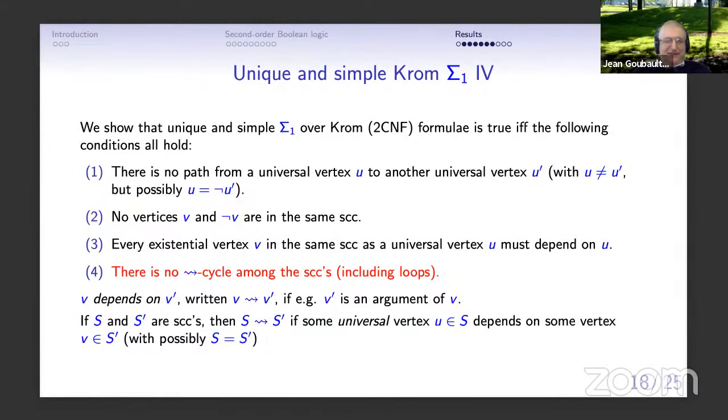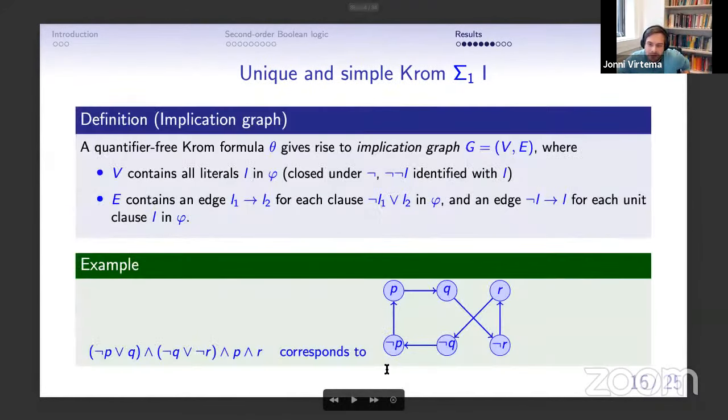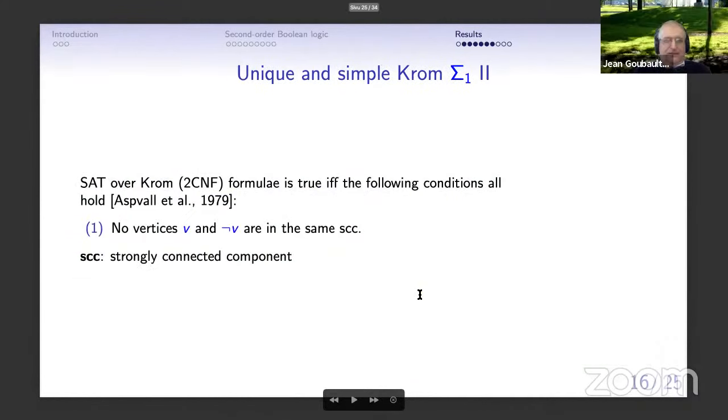So here on this slide, I understand that you have a few more conditions to check, including the fact that you have no dependency cycle, I guess. Yeah, so once you build this kind of graph, then you have connected components.